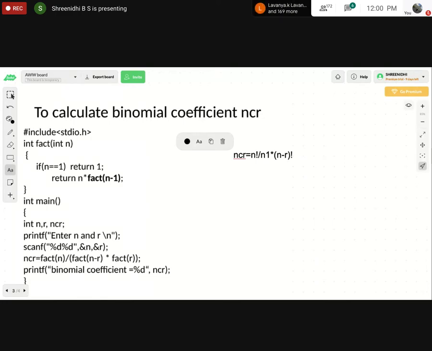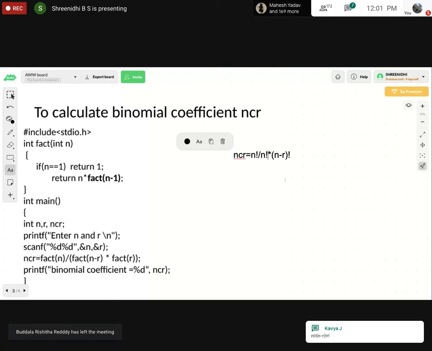What's the meaning of this? Sorry, nCr is equal to n factorial divided by, sorry, n minus r factorial into r factorial.